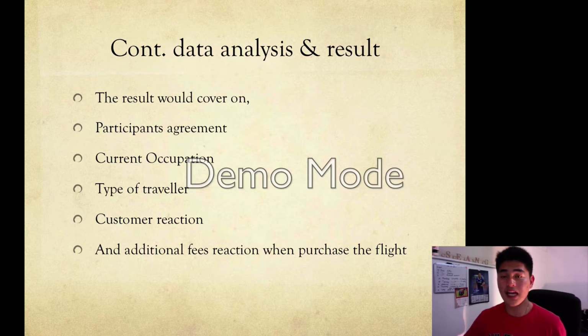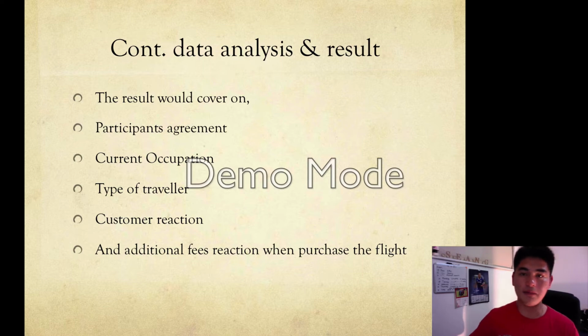And the next is type of traveler. We have to understand what type of traveler goes from Melbourne to Bali, as that is the most important factor in whether a price change would affect those types of people.